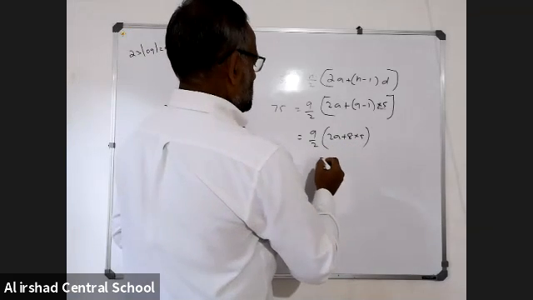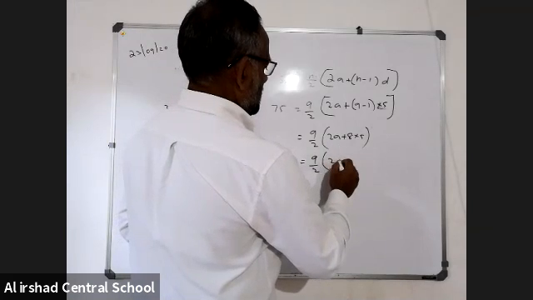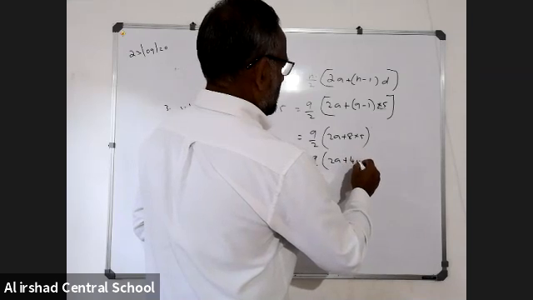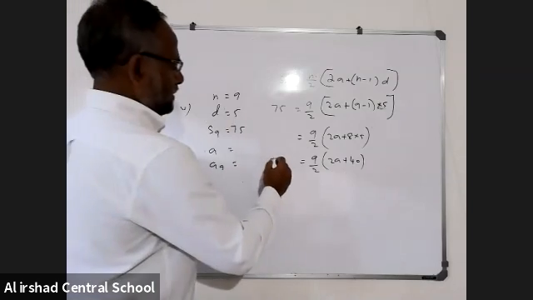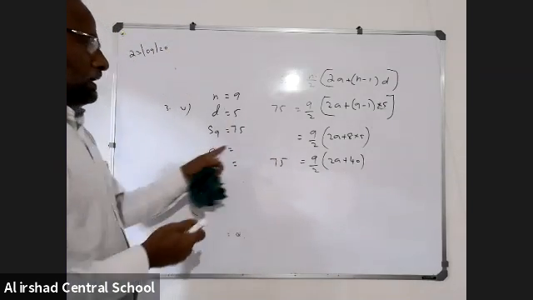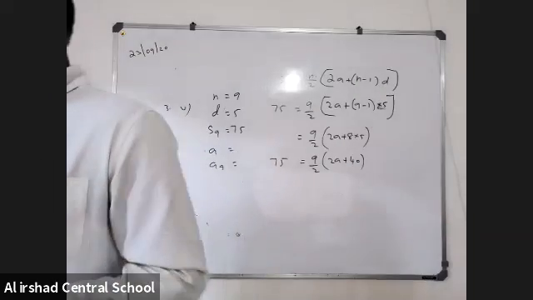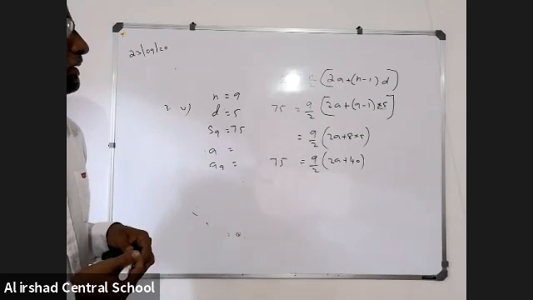That means 9 by 2 into 2a plus 40 is equal to 75. Up to here, right? The question looks easy but is a little bit hard. Okay, good. Direct question only.